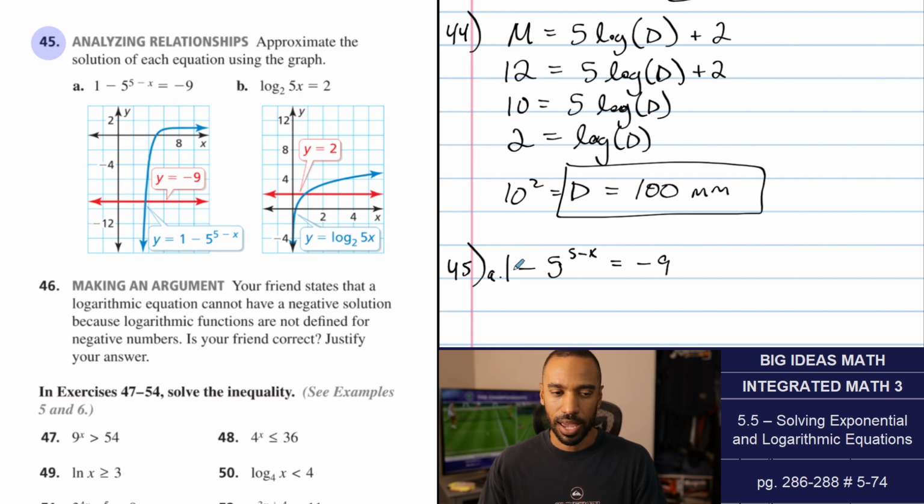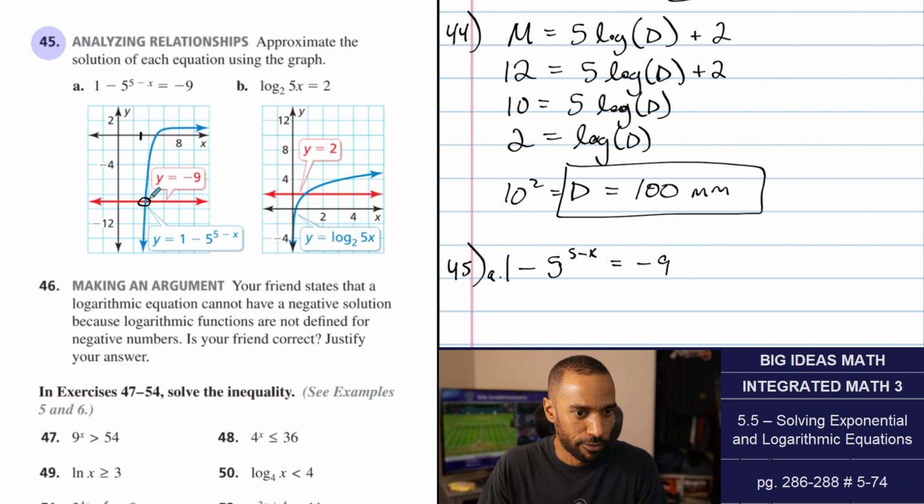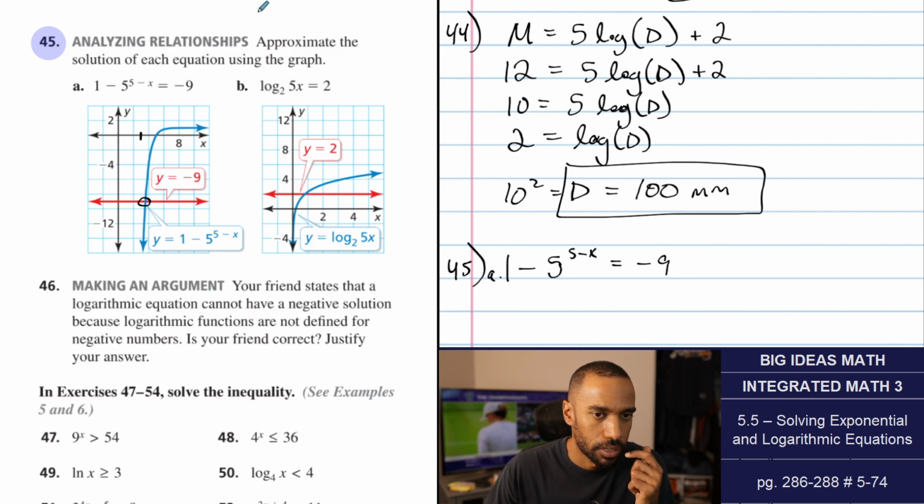This is part A. So what they do is what you're supposed to do when solving these equations. You make y equal each equation separately, and you find where they intersect for the x value. So where they intersect, the x value here, notice this goes by scales of 2: 2, 4, 6, 8. So this is somewhere between, here's 3. It's somewhere between 3 and 4, maybe around 3.5.